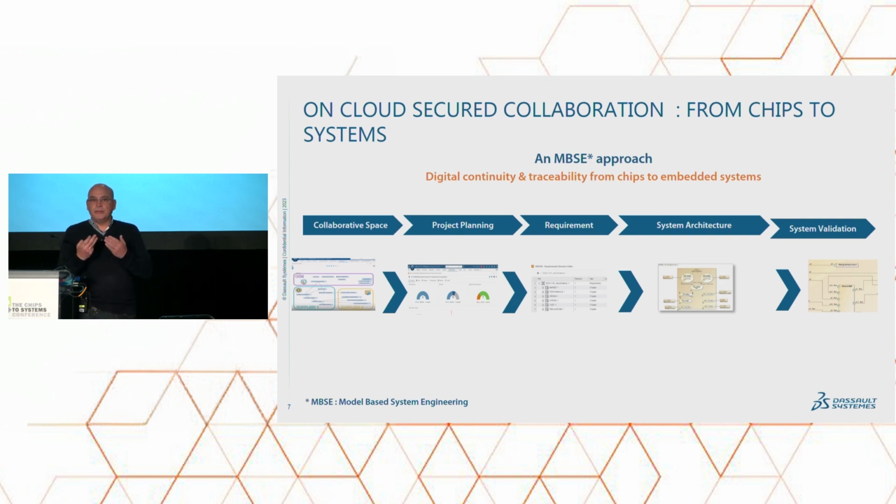This system architecture can be encapsulated into a black box and shared with the OEM in order for the OEM to understand the behavior of what we are going to develop. And here, the handshake between OEM and semiconductor company can happen completely digitally.